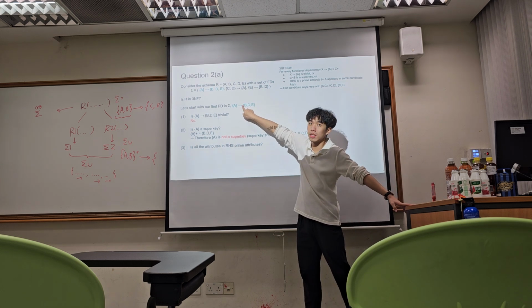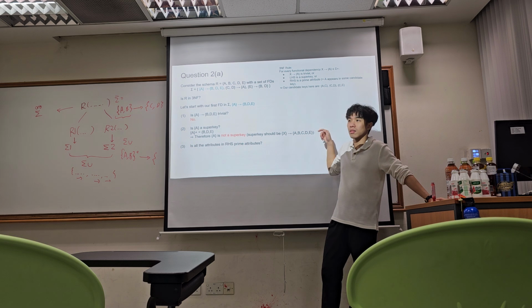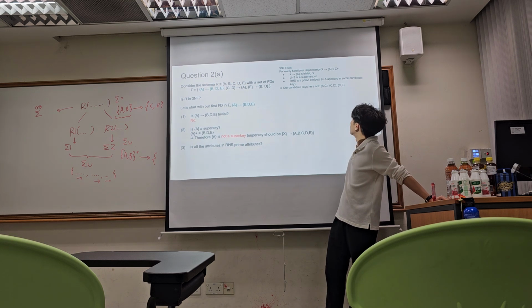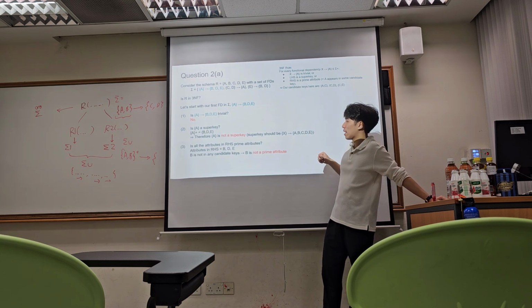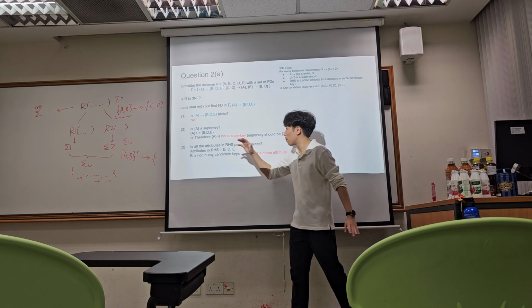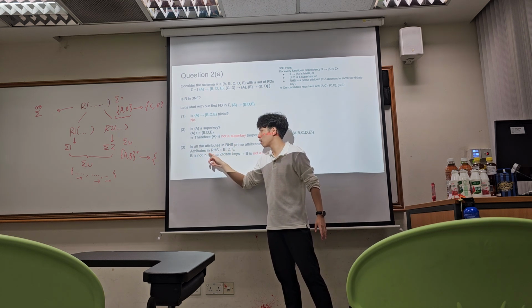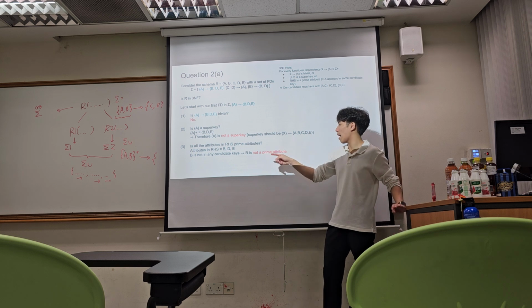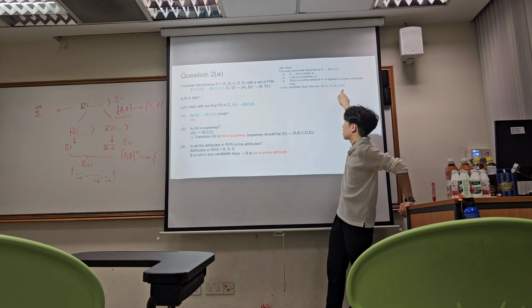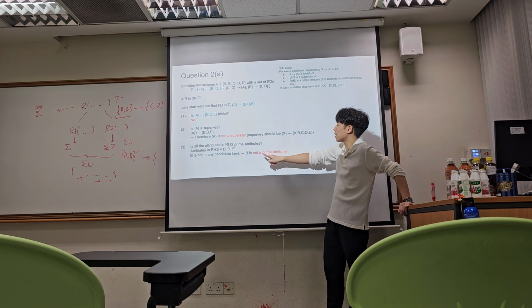Is it B, D, E? No, it's not. Because in the right hand side we have B, D, and E. We have a B here, and B is not in any candidate keys. So B is not a prime attribute.